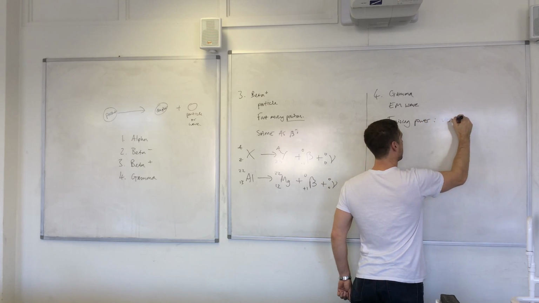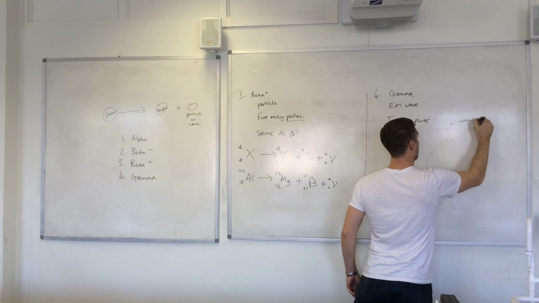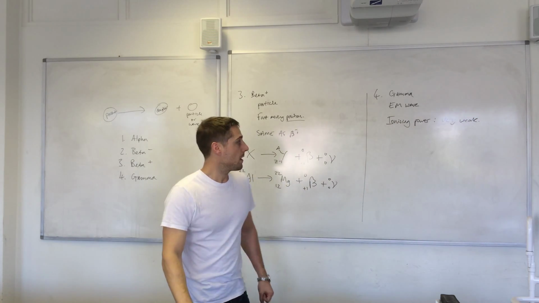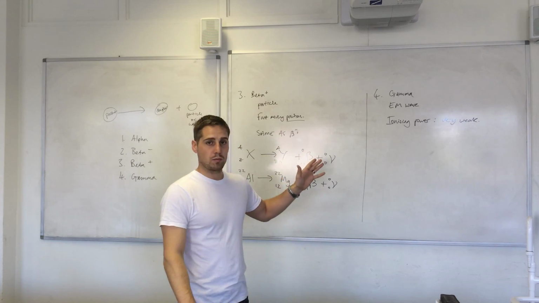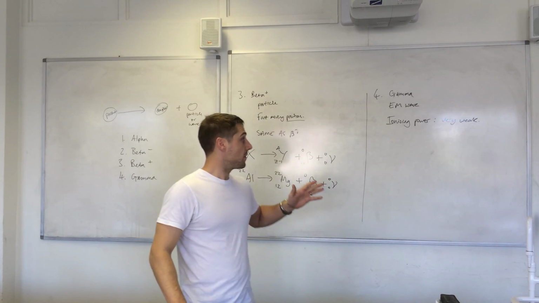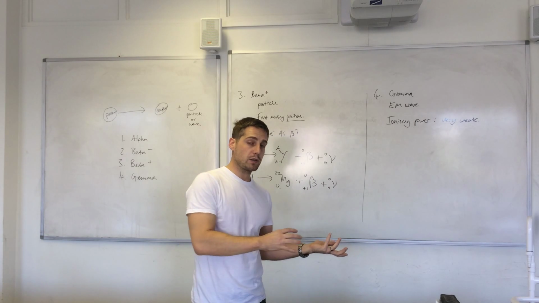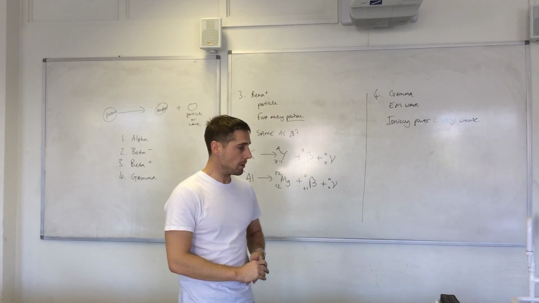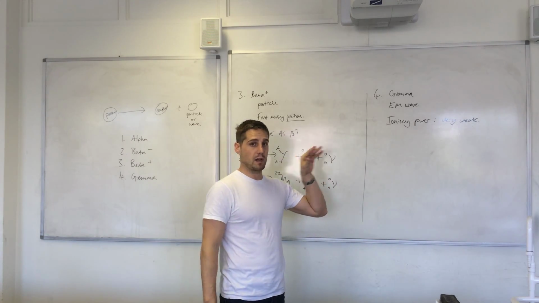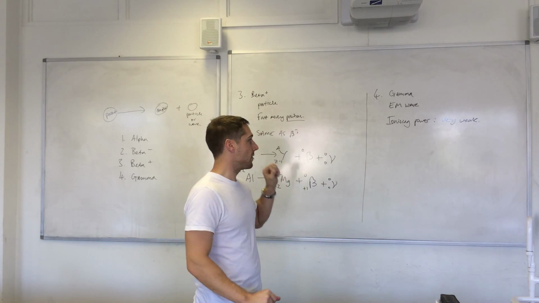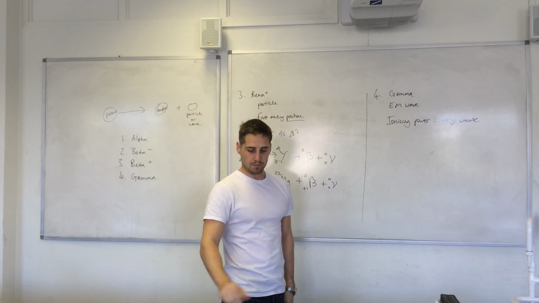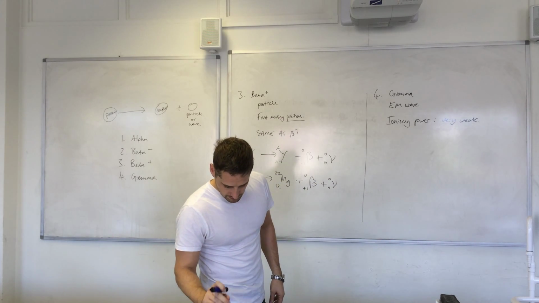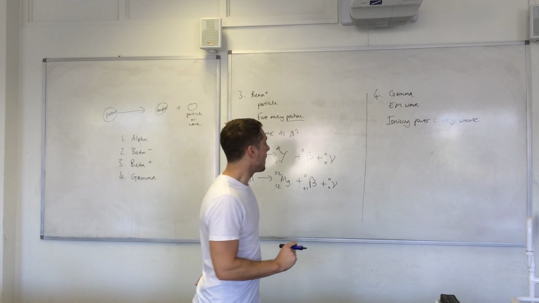This is very weak. This is unlikely to interact with any electrons, so it's very unlikely to remove any electrons from atoms or molecules. It has to interact directly with an electron, and what it would do is give the electron energy to escape the atom, leaving behind an ion.